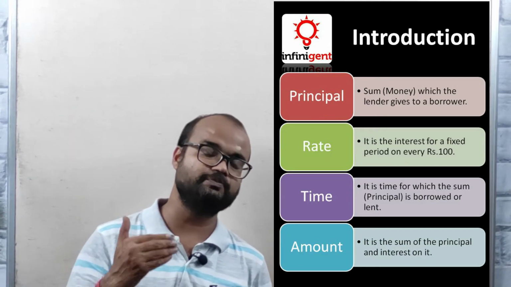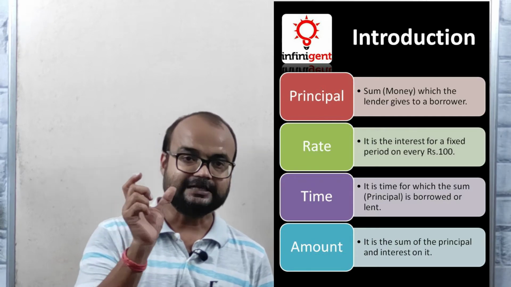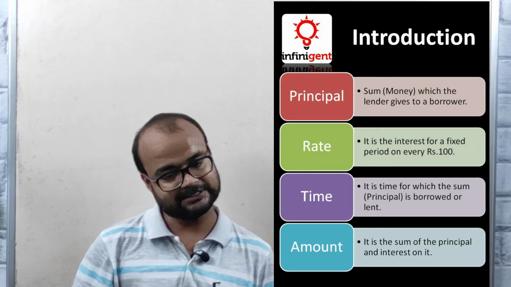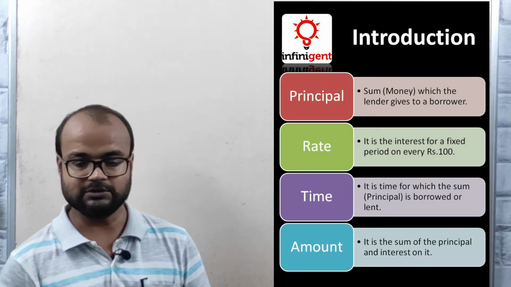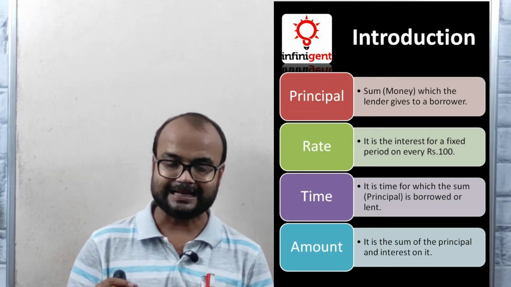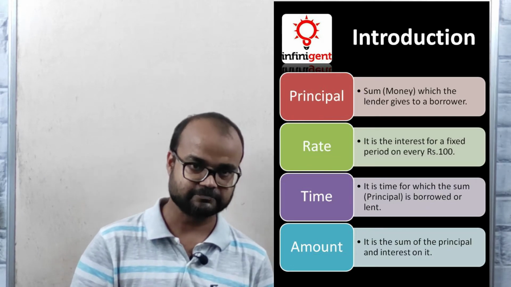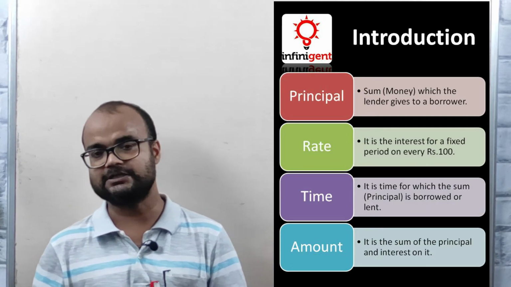Suppose you deposit 100 rupees for 1 year, then 1 year is called the time. The amount is the sum of the principal and the interest on it. If you find the total of the sum and the interest you earn, that is called the amount.